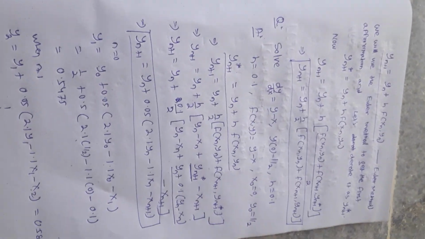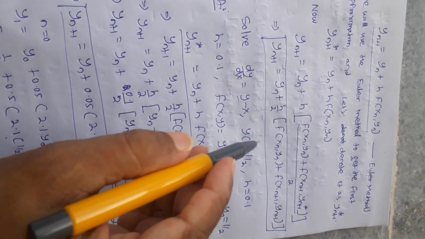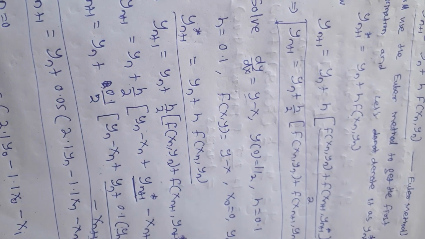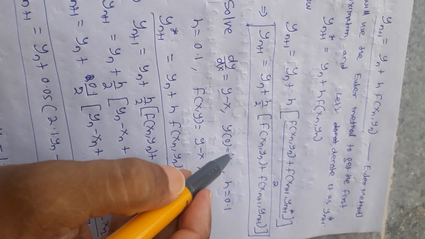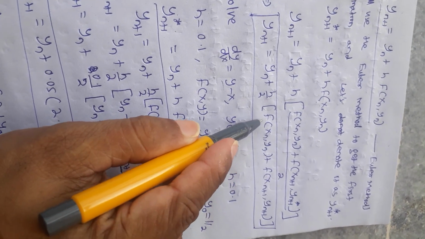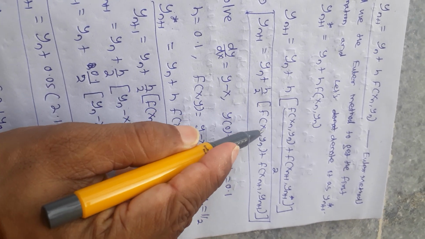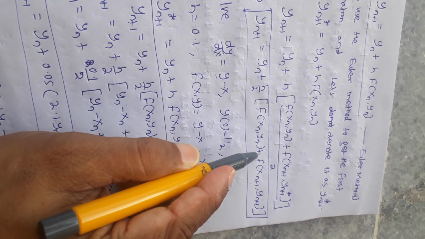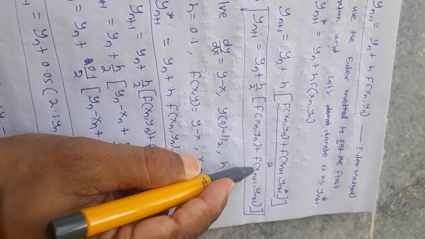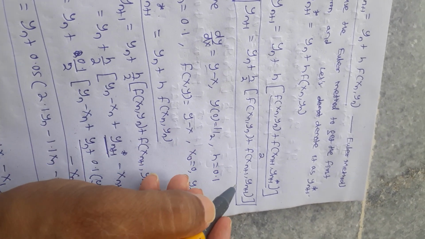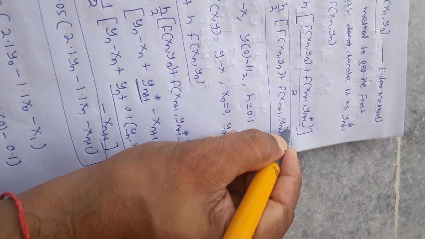Okay, so here you can remember the formula, yn plus 1 is equal to yn plus h into the average of f of xn, yn plus f of xn plus 1, yn plus 1 star, divided by 2.